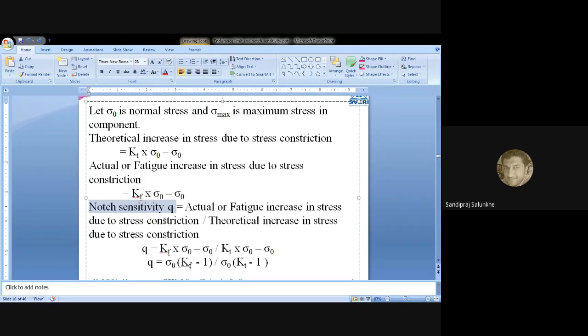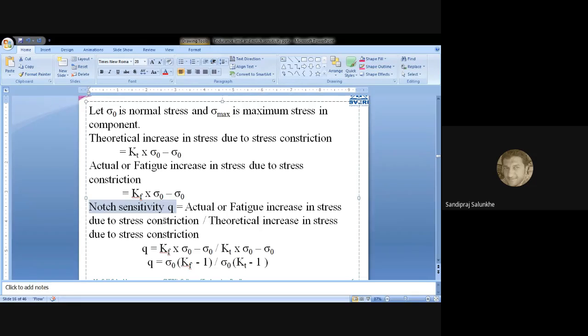That means the actual increase in stress concentration is due to the uneven surface which has been created, or due to stress concentration. Stress concentration will be there when we have any abnormal geometry.